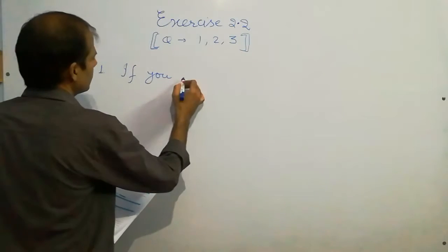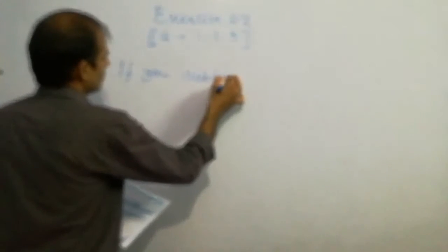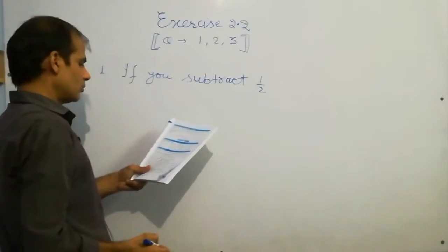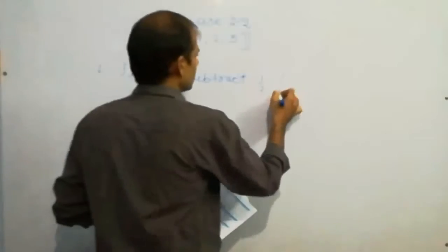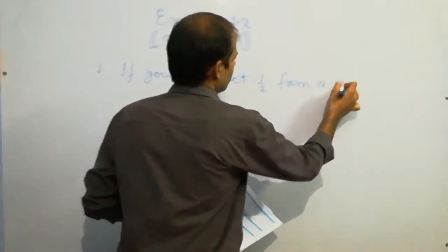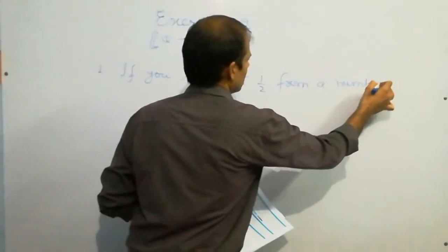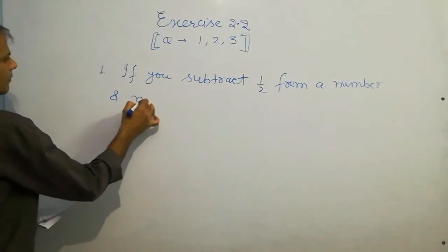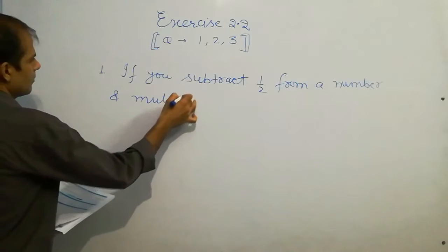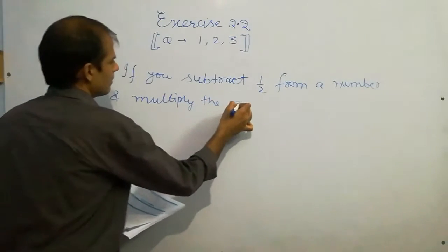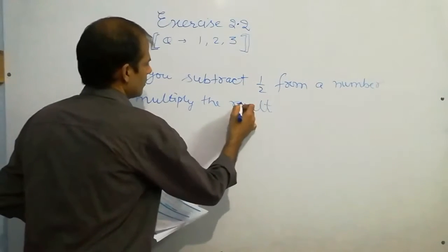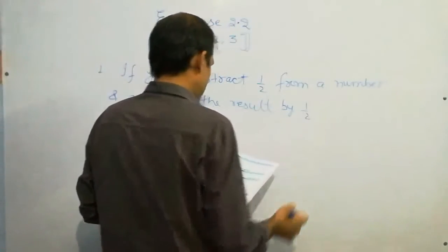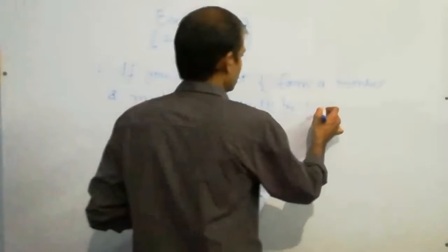It is given that if you subtract 1 by 2 from a number, and multiply the result by 1 by 2, you get 1 by 8.